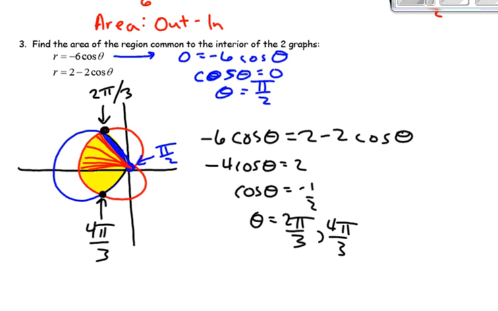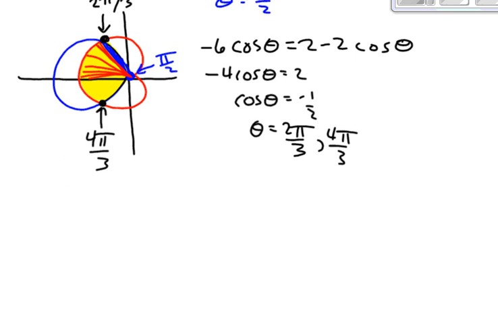All right, so at 2 pi over 3, this yellow region is bounded by a different curve. So we're going to start off with the blue, the circle, and then end with the red, which is the cardioid. Again, we're only going to do half of this at a time. My first thing is to do half the area of the circle.